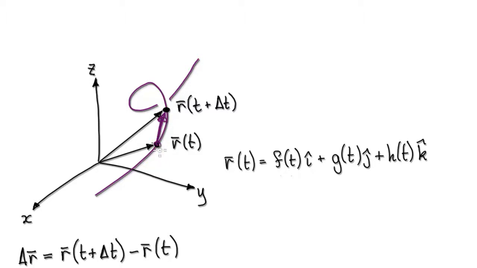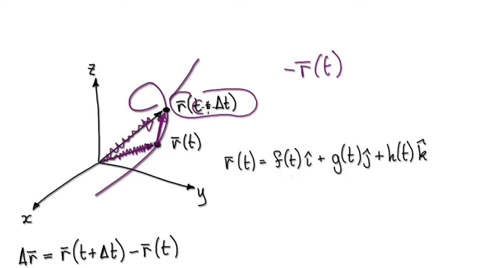Remember, at time t the particle is right here, and at time t plus delta t, the particle is here. So how would you travel from here to here? You would go back in the negative direction, that would be minus r of t, and then you would go in the positive direction of r of t plus delta t.